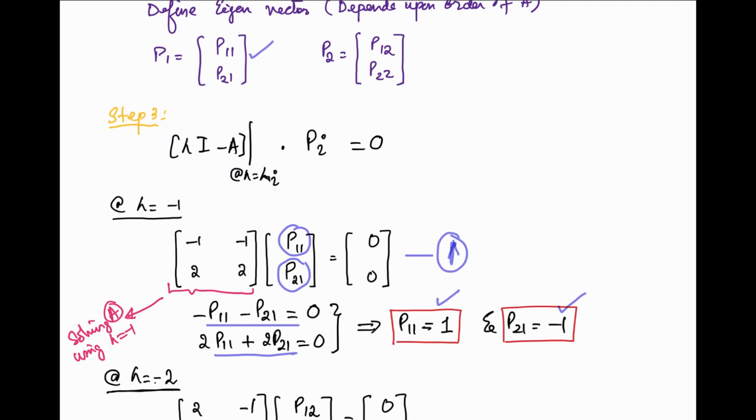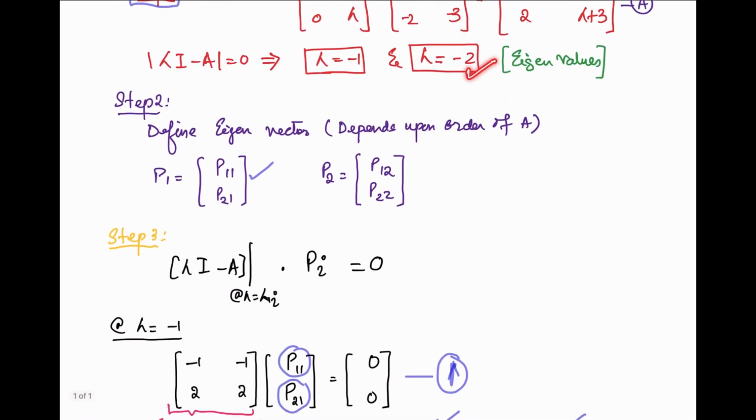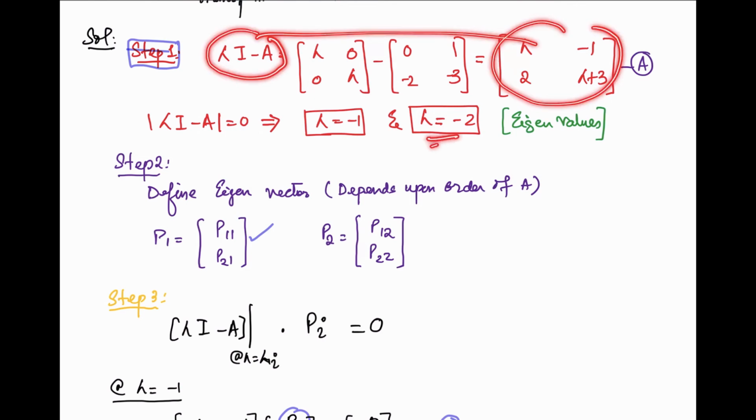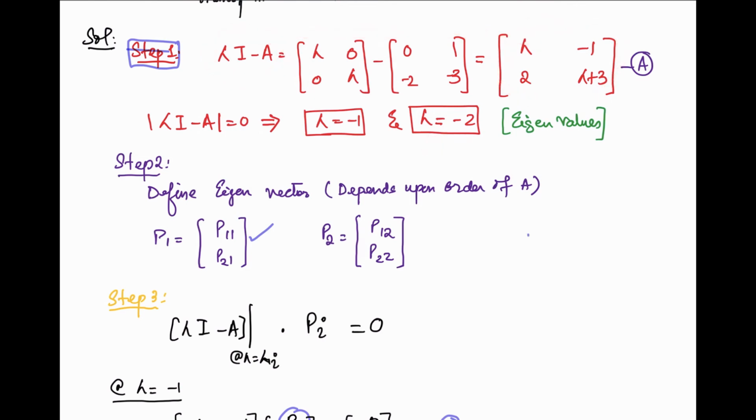Now we are going to get the second eigenvector with the help of the second eigenvalue, that is lambda 2, and that was equal to minus 2. So again using this equation A, first of all we will have to get this lambda I minus A for this eigenvalue, so that will be equal to minus 2 minus 1 to minus 2 plus 3, so that will be equal to 1.